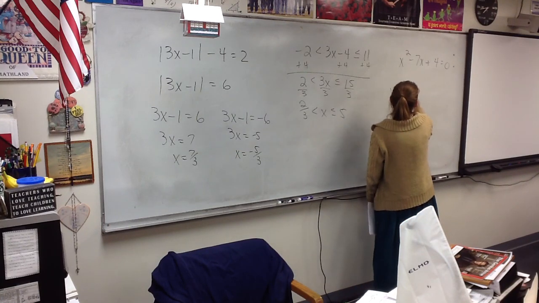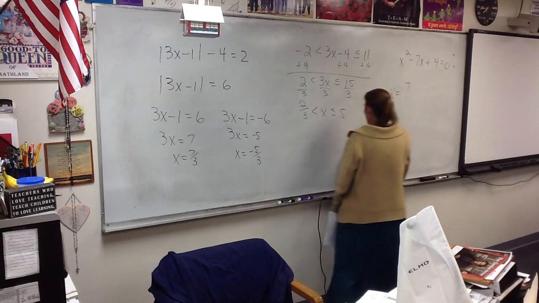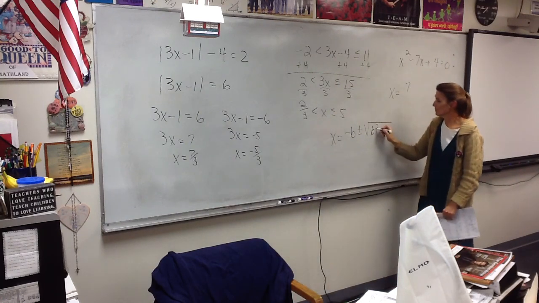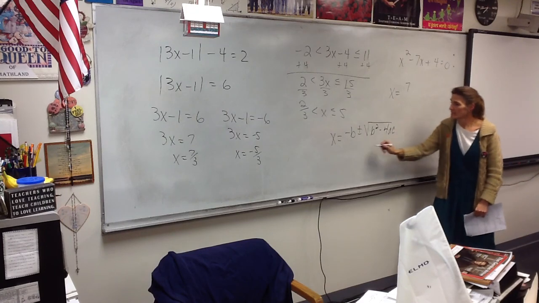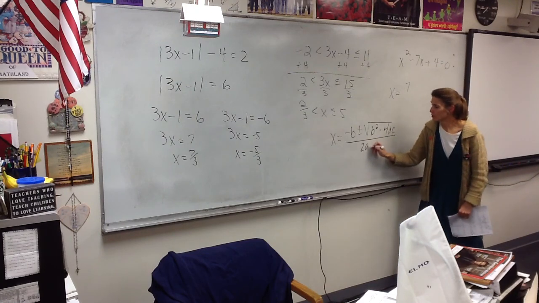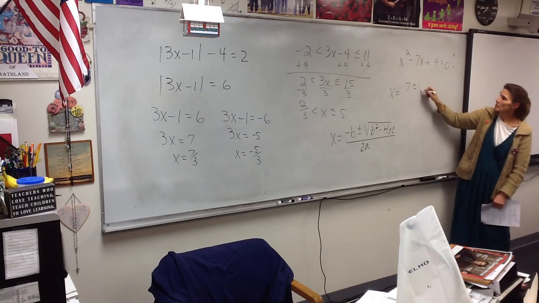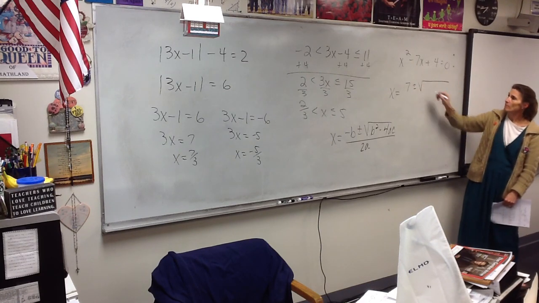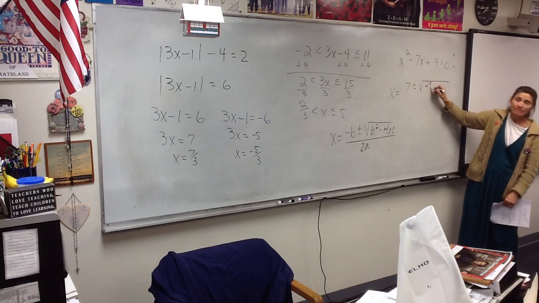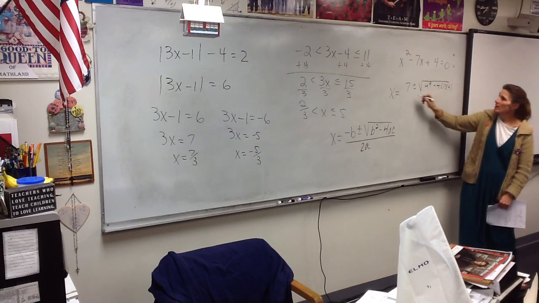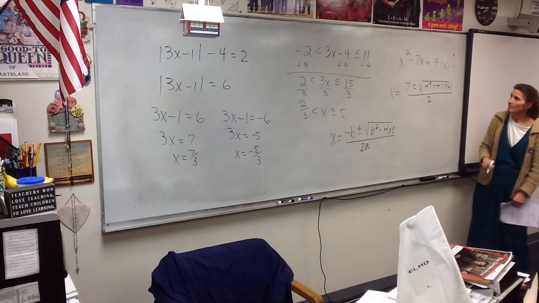X equals negative b plus or minus the square root of b squared minus 4ac all over 2a. So for us, that will be 7 plus or minus the square root of 49 minus 4 times a times c all over 2a.